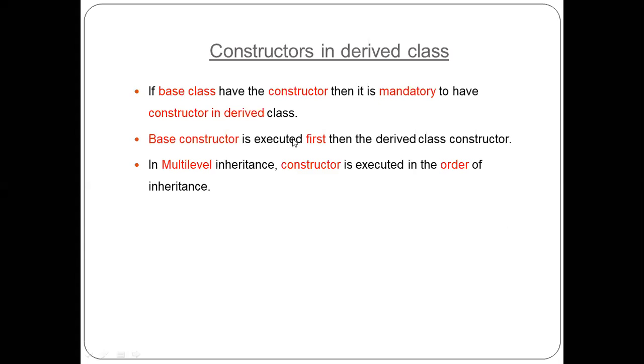The base constructor is executed first, then the derived class constructor. So while creating the object, we are creating the object of the derived class, but for the constructor, it is created first for the base class and then for the derived class.